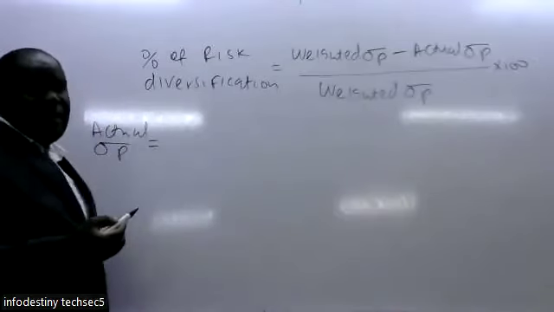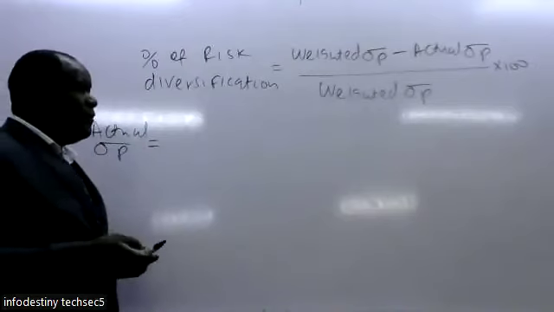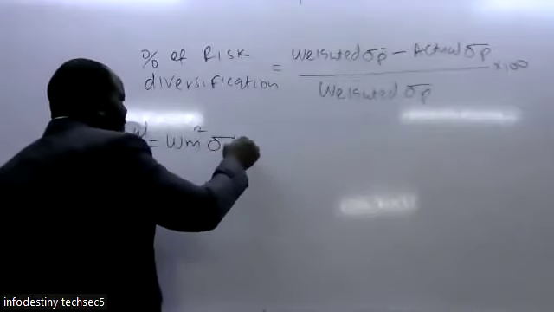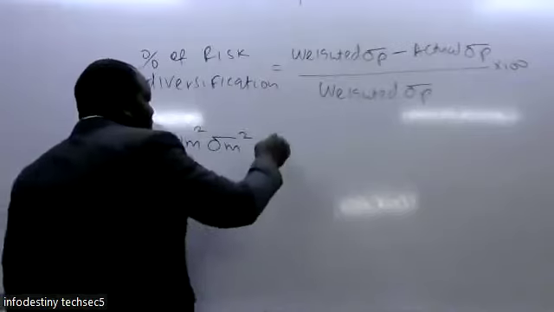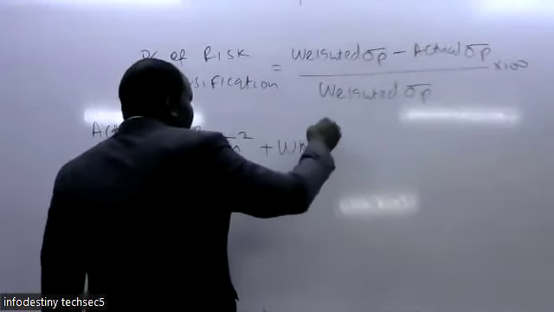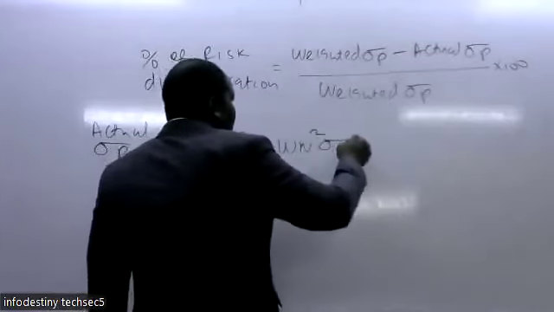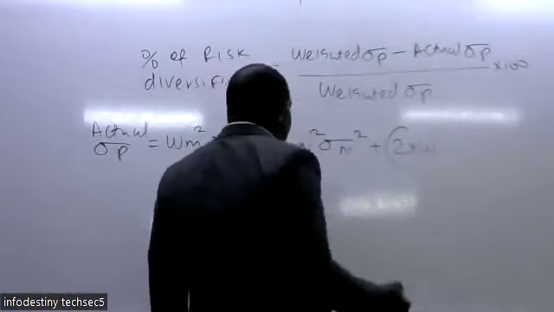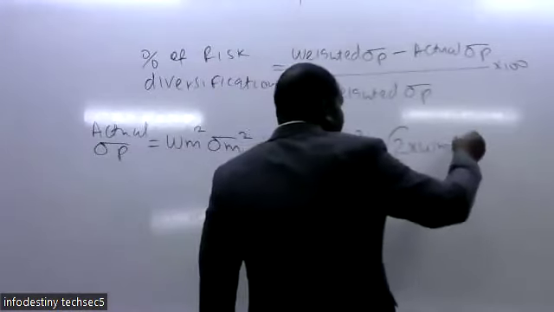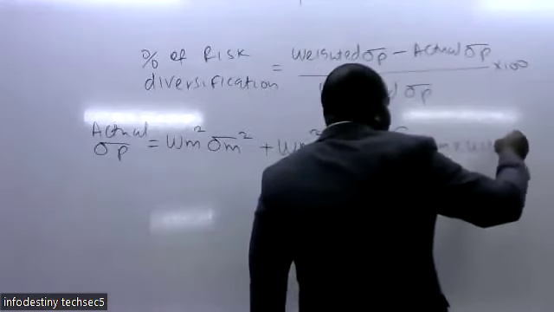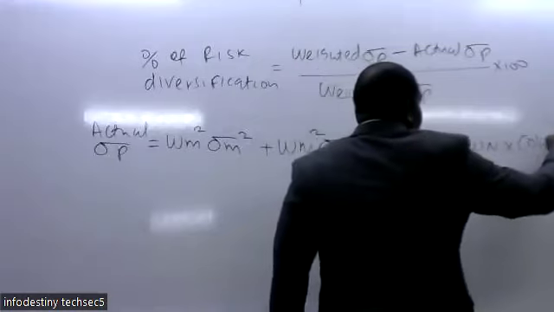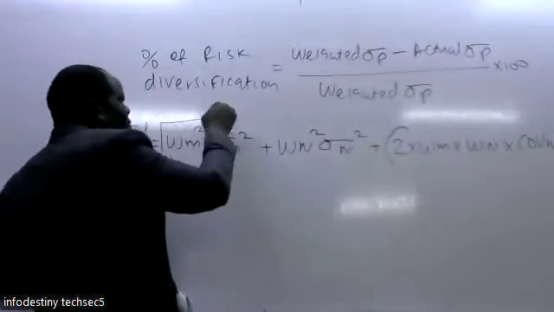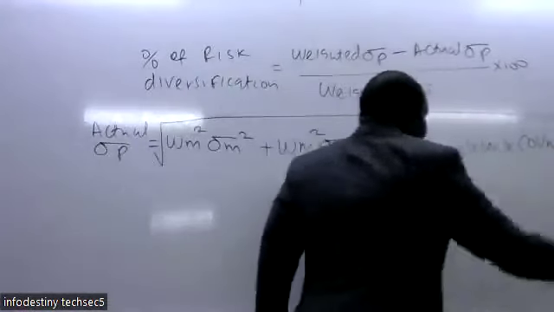To calculate the actual standard deviation for the portfolio, you simply take the weight of M squared times the variance of M. You also add the weight of N squared times the variance of N, then also 2 multiplied by the weight of M, multiplied by the weight of N, multiplied by the covariance between M and N. Then you get the square root of that information.